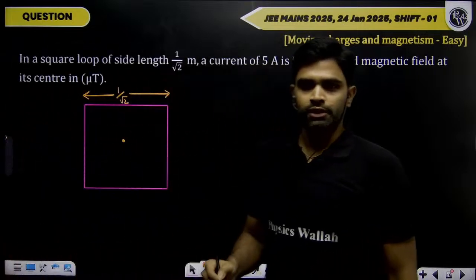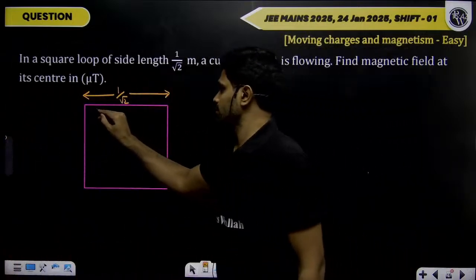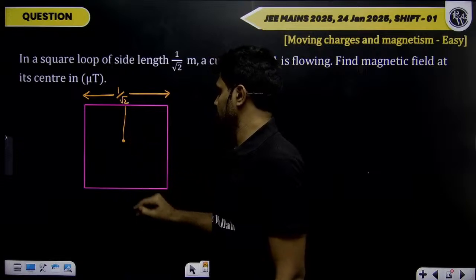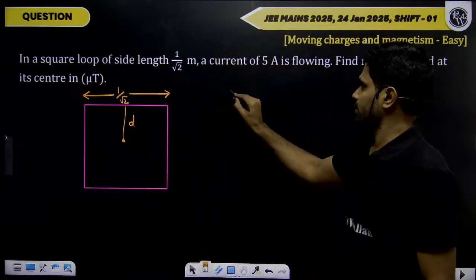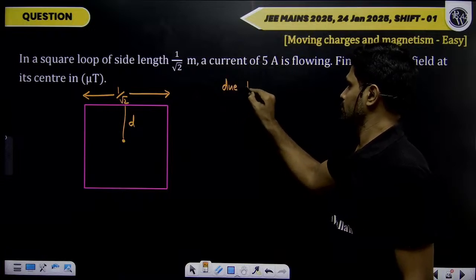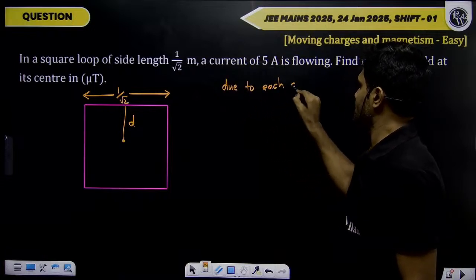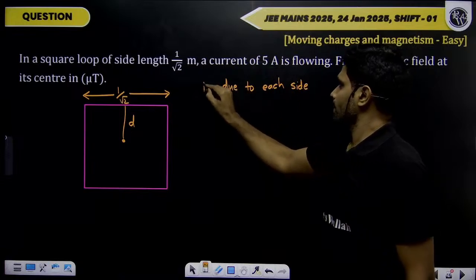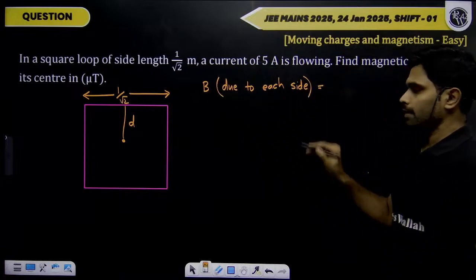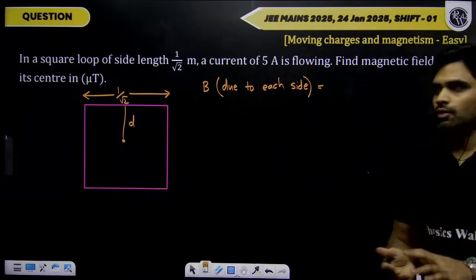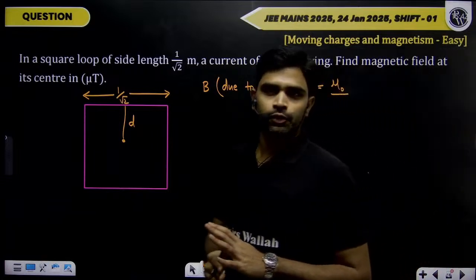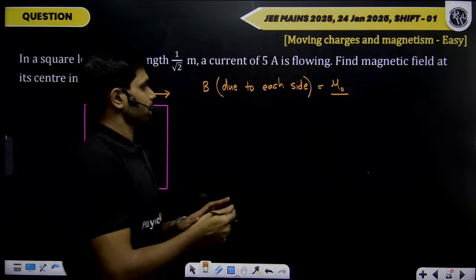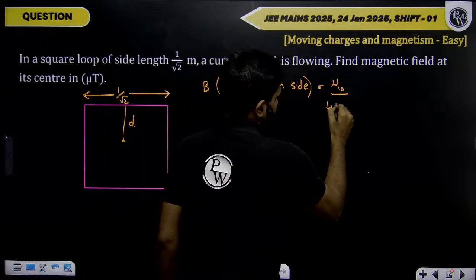So due to each wire we can find first. B due to each side we can find. What is the formula for a magnetic field due to a finite wire?